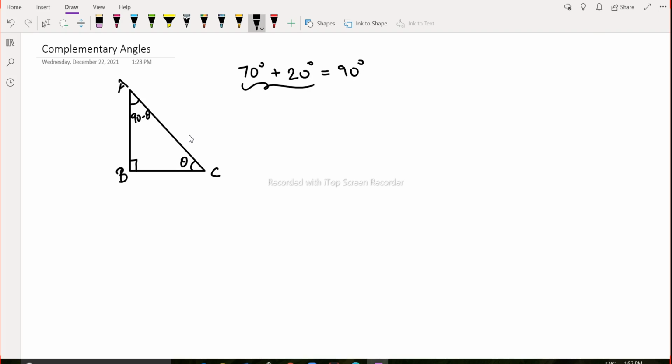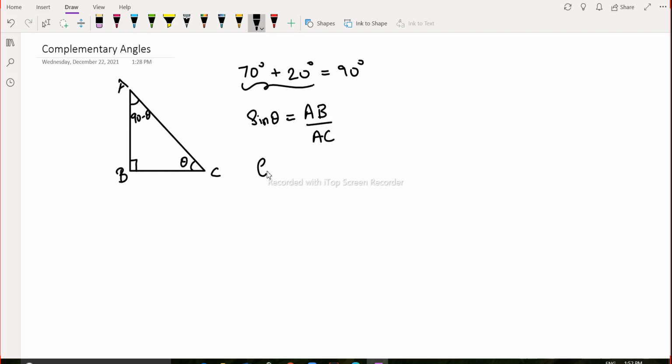So in trigonometry, how can we use the concept of complementary angles? Let's just check in this video. So we have this triangle ABC. In this triangle, if I write the value of sine theta, as we had discussed earlier, it is opposite upon hypotenuse, that is AB upon AC.